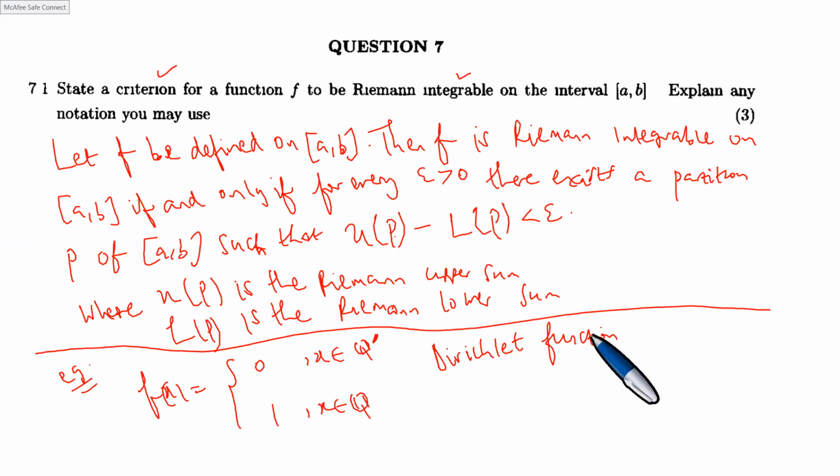This function is called the Dirichlet function, and it's either 0 or 1. This function itself is discontinuous, it's not continuous, because it oscillates. It's 1, 0, 1, 0, 1, and so on. So that kind of thing. Not continuous.